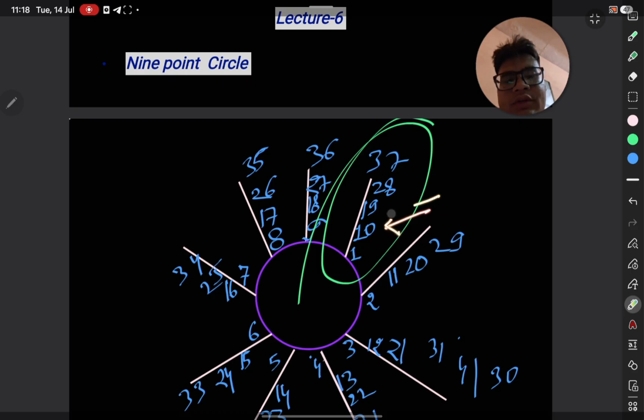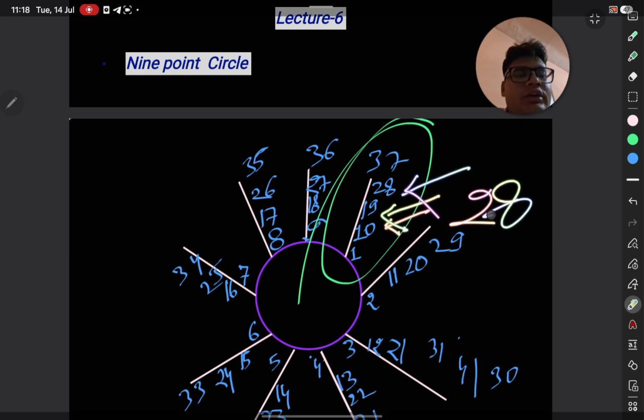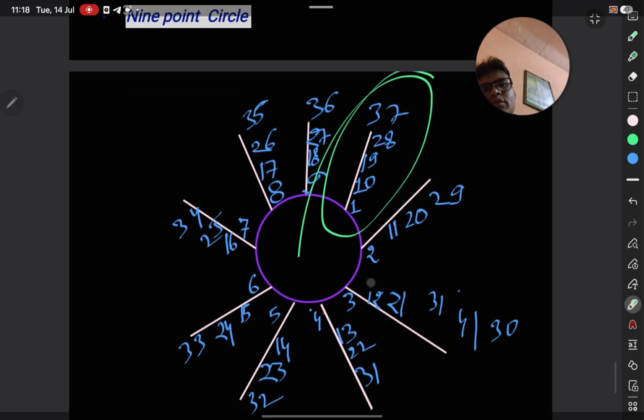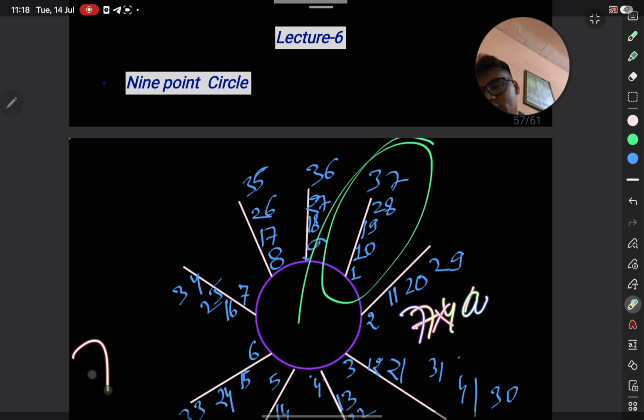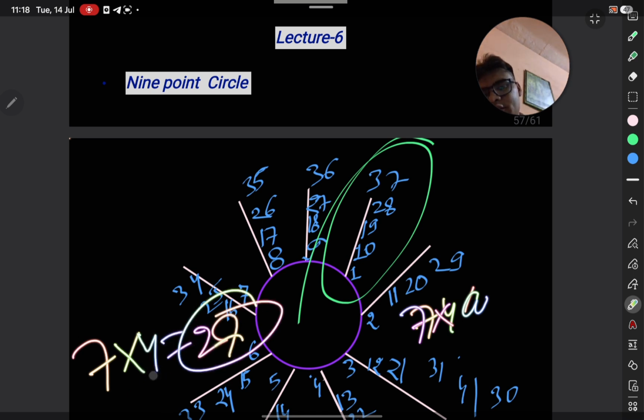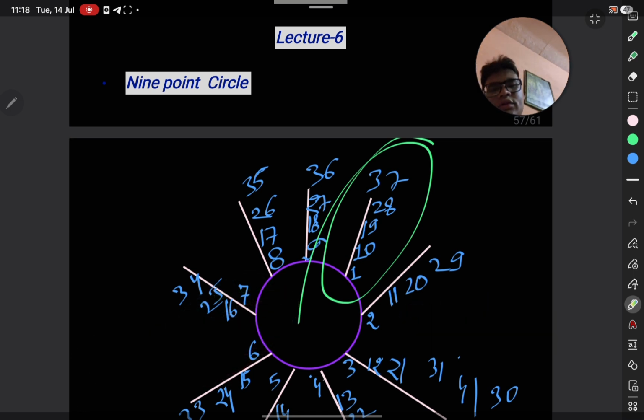10 will come, 9 will come, no, 28, 28 will come in the table of 7. Seven fours are 28, which lies in the seventh table.